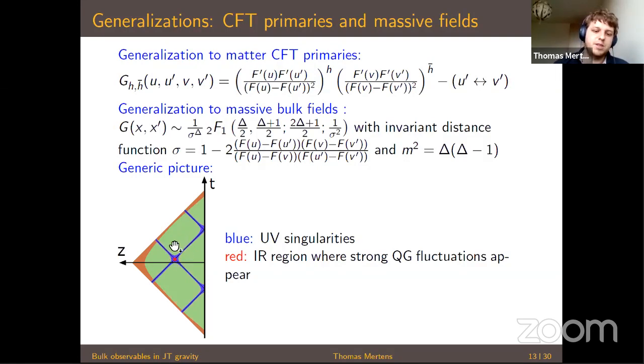Then there is some intermediate region that I color green here. And then there is an IR region where the points are widely separated, where you have strong quantum gravity fluctuations, where this 2-point function deviates strongly from its semi-classical result. That happens at late time and at large spatial separation. So that is the generic picture we get from analyzing these types of bulk correlators.